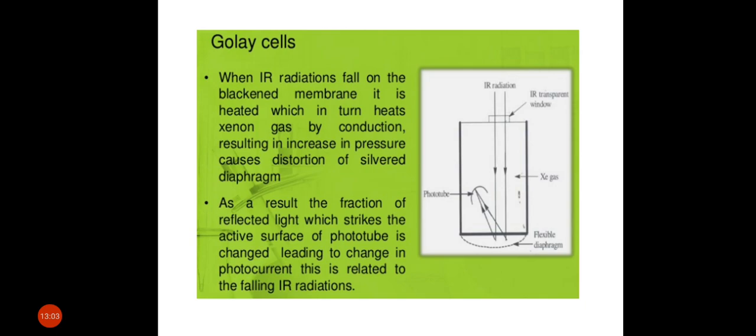As a result, the fraction of reflected light which strikes the active surface of the phototube is changed, leading to a change in photocurrent. This is related to the falling IR radiation.